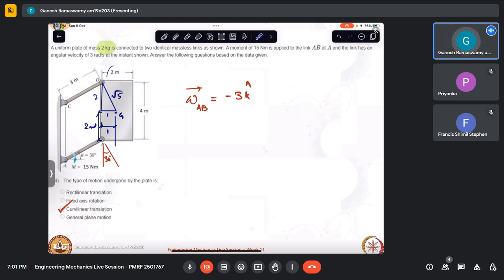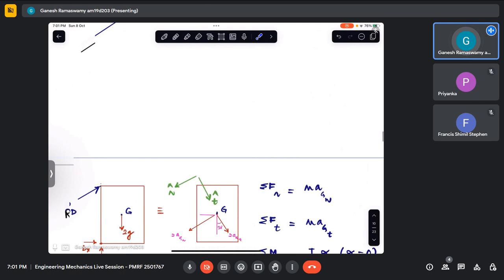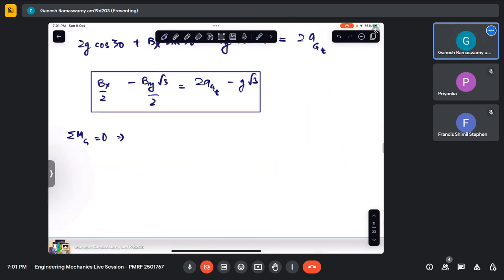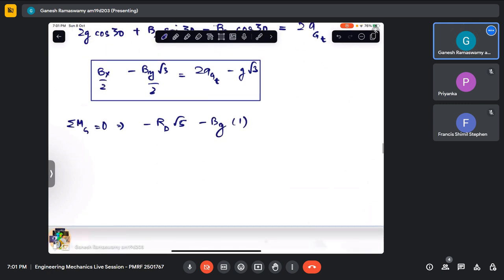So I need not resolve it into components. I can directly take that lever arm to be root 5. And it is creating a clockwise couple which is negative. So it will be minus RD root 5. And then it will be minus Dy into 1. It will be plus Dx into 2 equaling 0.